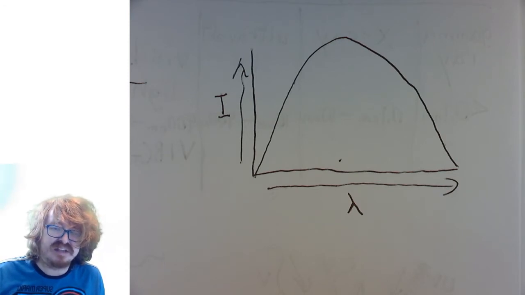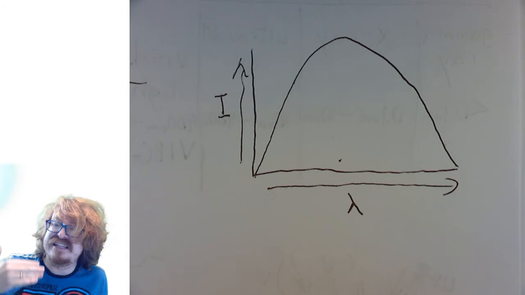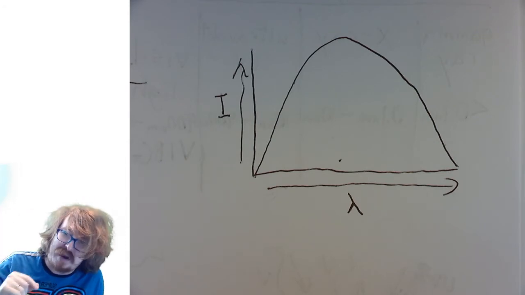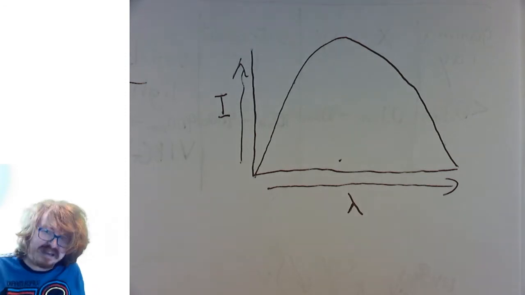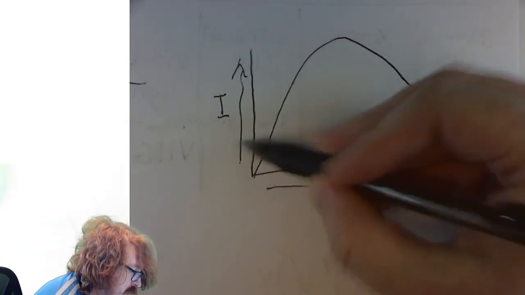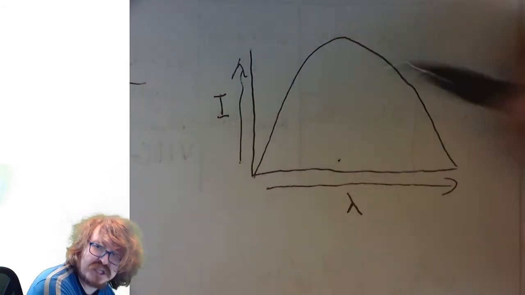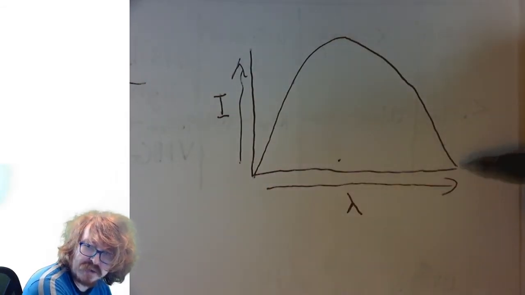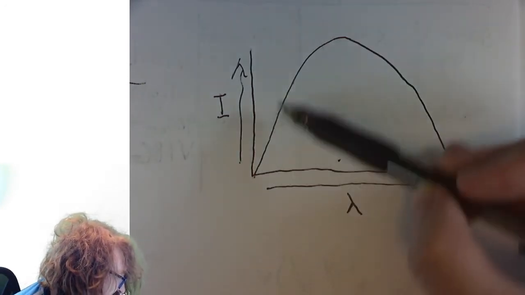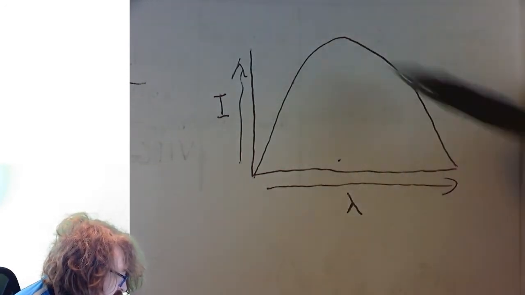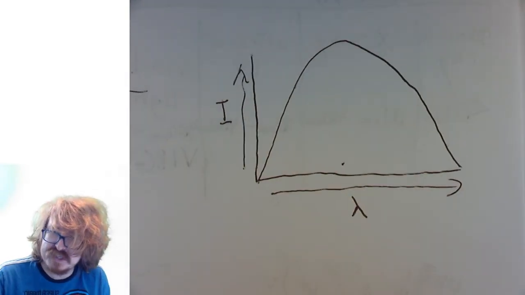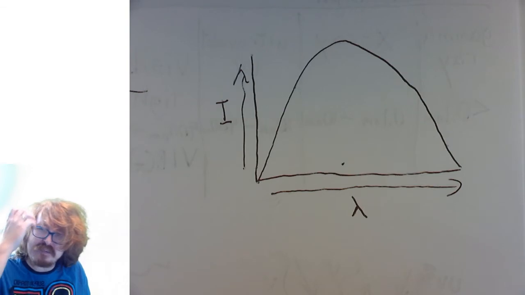If it's giving off a lot of gamma rays, the intensity would be really high in the gamma region. So no, that's correct. This one is not giving off a lot of gamma rays because the gamma part of the graph has a very low intensity. It's also not giving off a lot of radio. But this particular object is giving off at least a little bit of every type of wavelength that there is. At least a little bit, right?